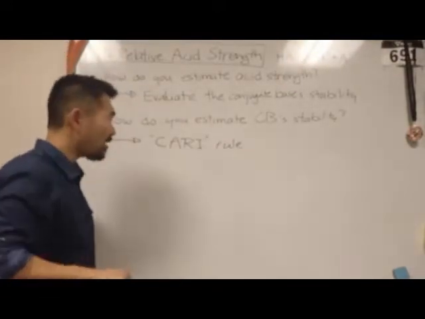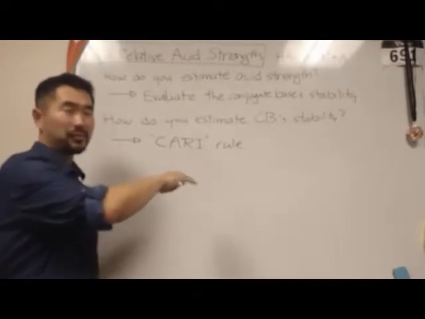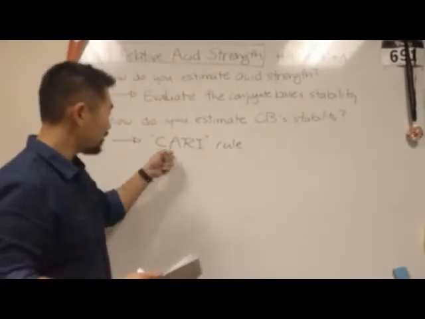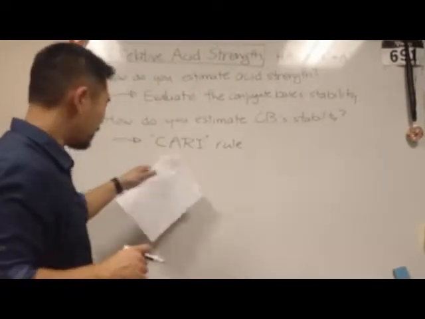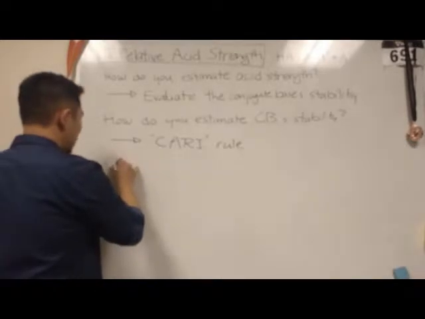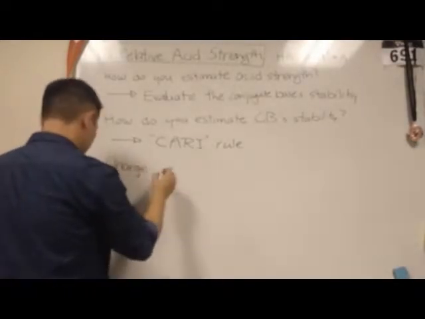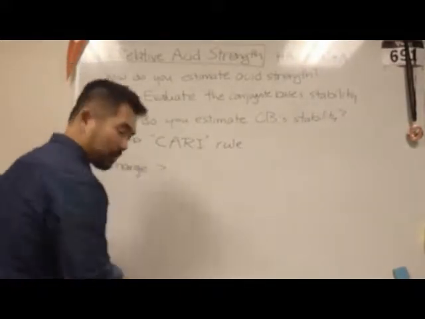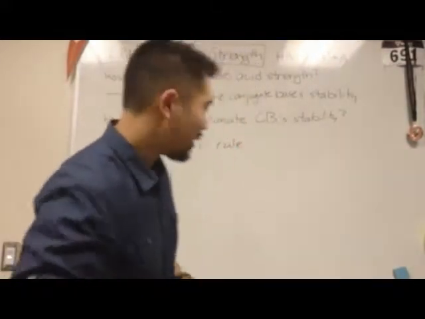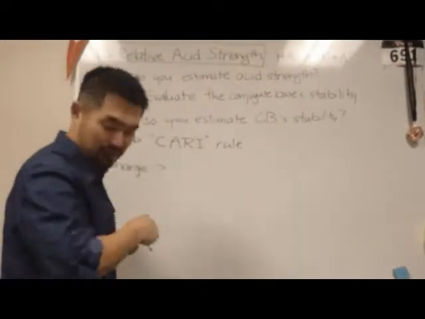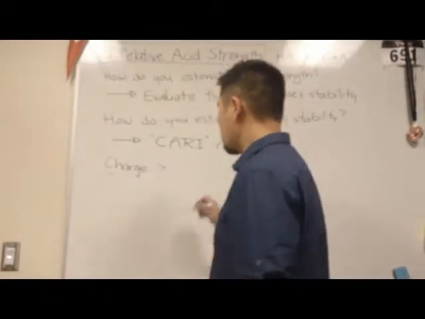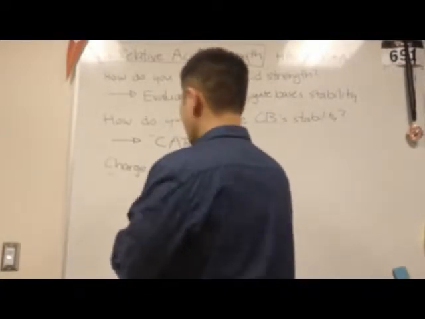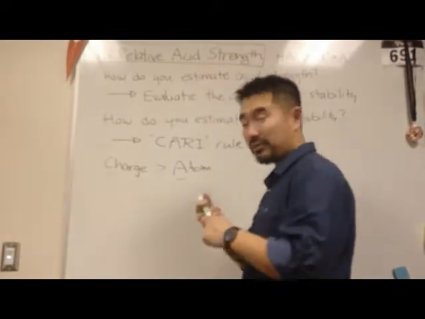And hopefully thinking through these rules becomes sort of second nature to you, so that you don't necessarily have to rely on this memory tool. But the C stands for charge, which is a bigger factor and more important than the A, the nature of the atom itself, here electronegativity.